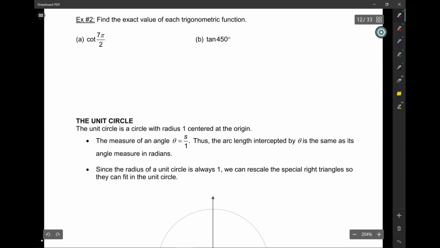So 7 pi over 2 is like 7 over 2 pi, is it not? 7 over 2 is 3.5 pi, right? Again, this is the only time in my life that I use mixed numbers. No math teacher likes mixed numbers.